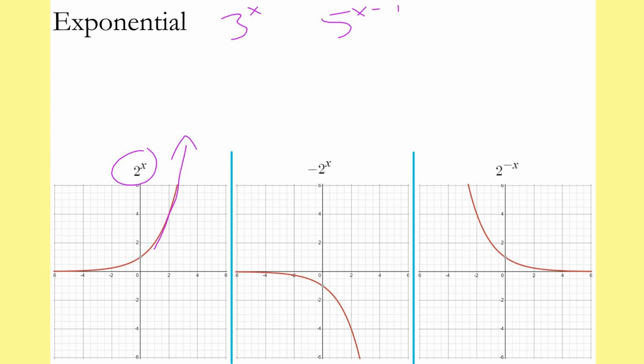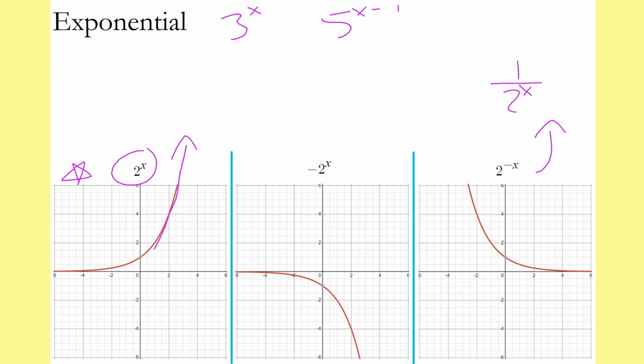But when I start plugging in negative x values, remember negative x's, this one over here, it flips it. So this one right here is basically saying 1 over 2 to the x. So when I start plugging in these negative x's, we're going to get 1 over some really big number.